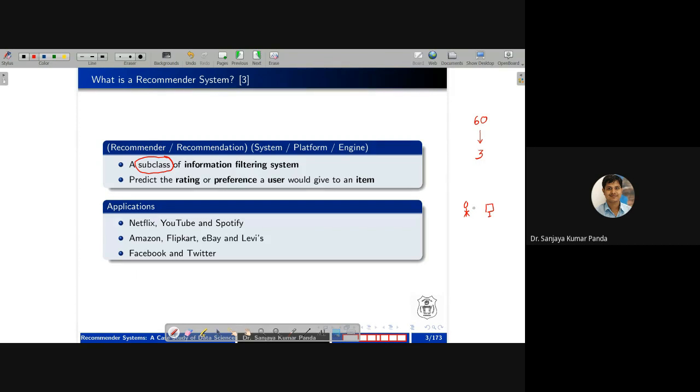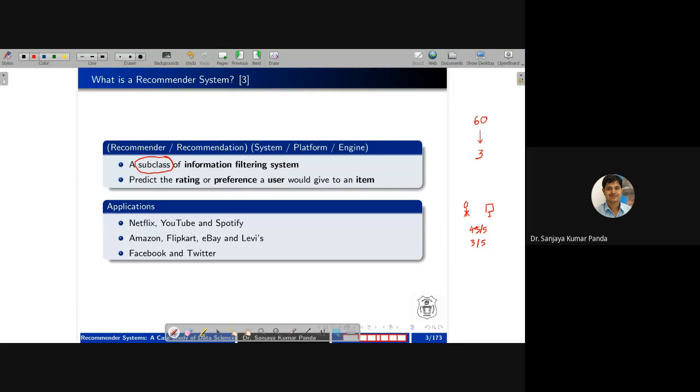Then the recommendation system will predict what feedback the user is going to give for this product, whether the rating is 4.5 out of 5 or 3 out of 5.